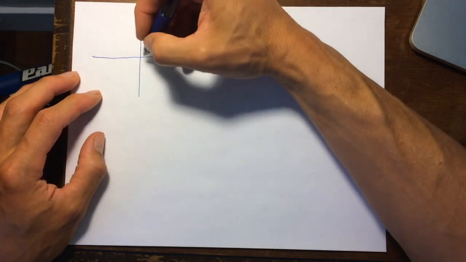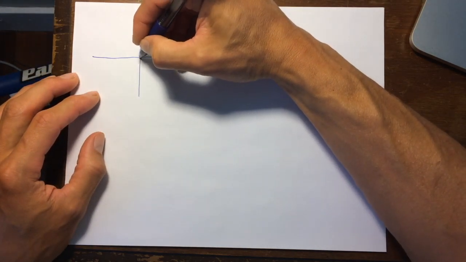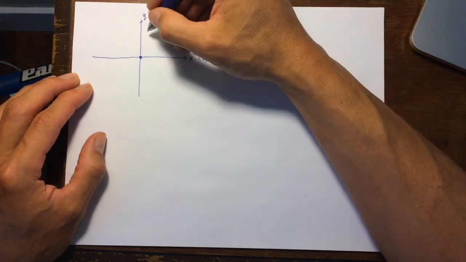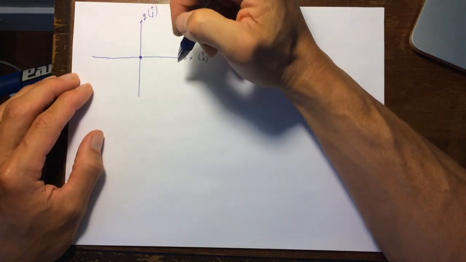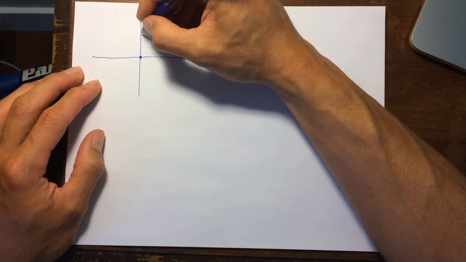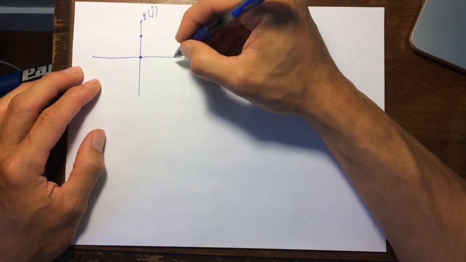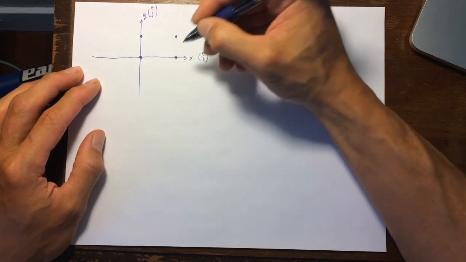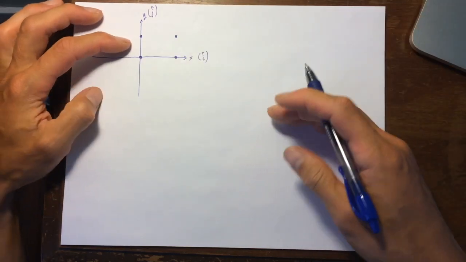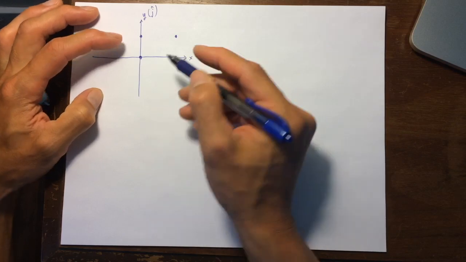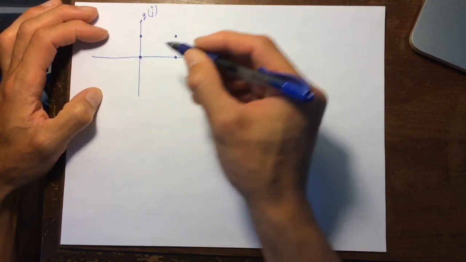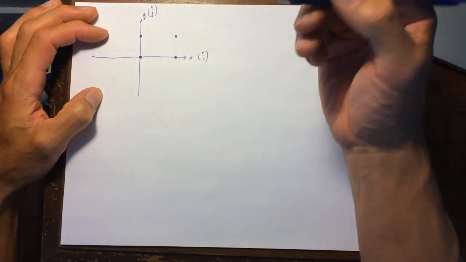Let's put a charge at the origin, and then a couple of charges. Let's do this. We'll put a charge here, here, and here. And so this is a rectangle here.